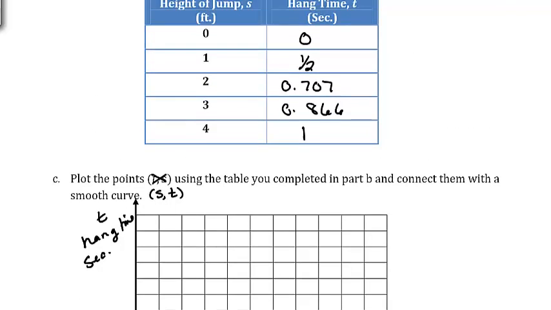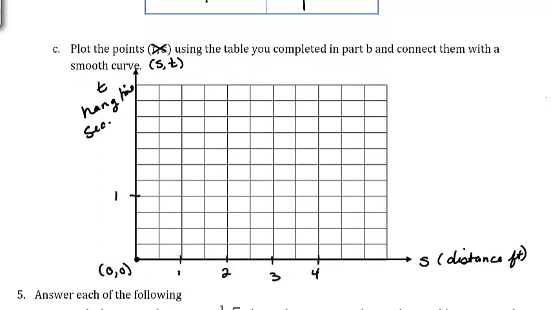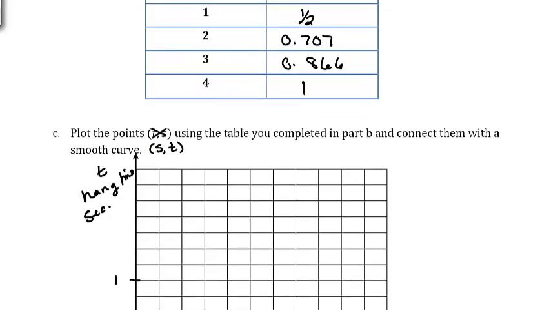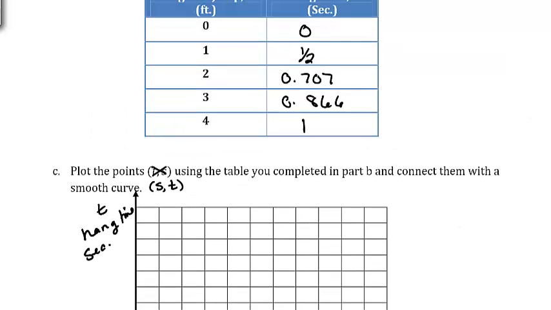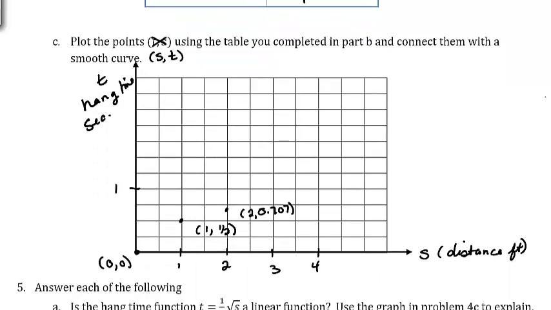Okay, so we have 1 1/2. So this would be our point 1 1/2. And then we have the point 2 and then 0.7. And so this is 0.75 right here, so it's going to be a little bit under that. And then we have the point 3 and almost 0.9.